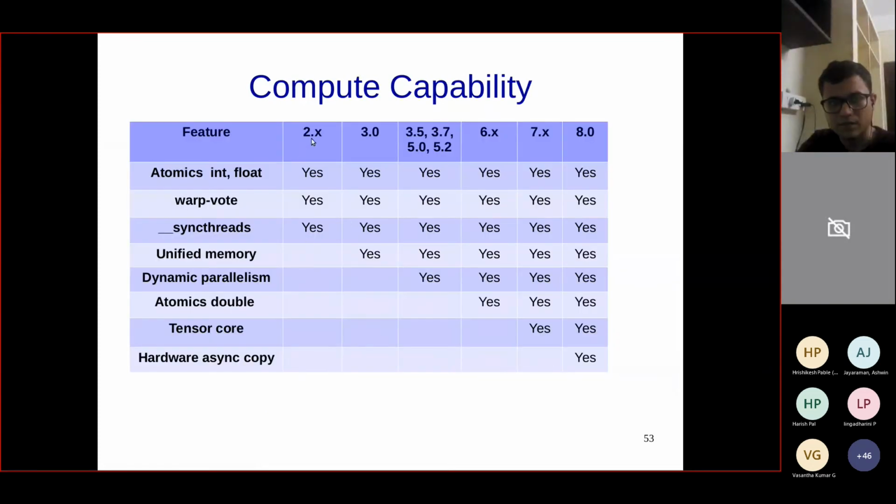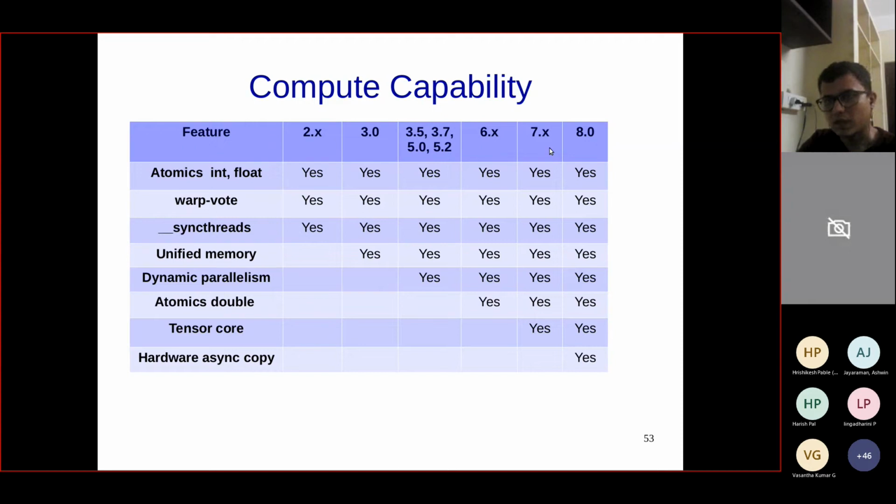And 3.0 supports unified memory, which is not exactly common memory between CPU and GPU, but memory that is maintained in both the CPU and GPU and kept consistent across them. That unified memory is supported in 3.0, which is the Kepler family, but not in 2.x, the Fermi family of GPUs, and so on.